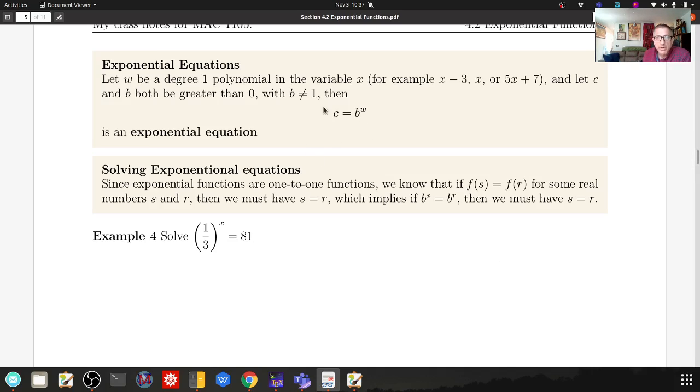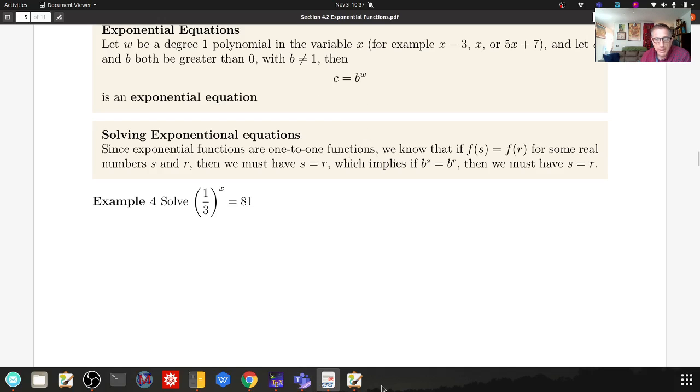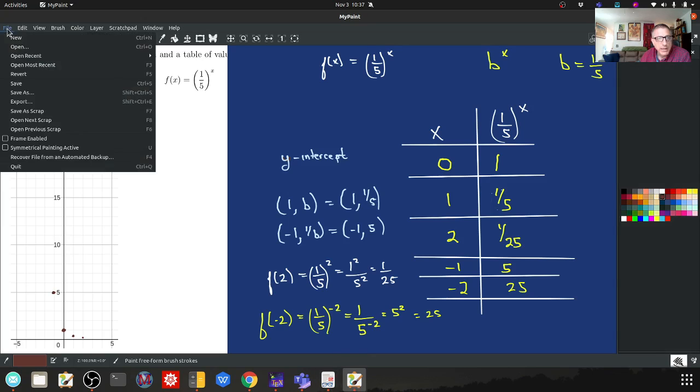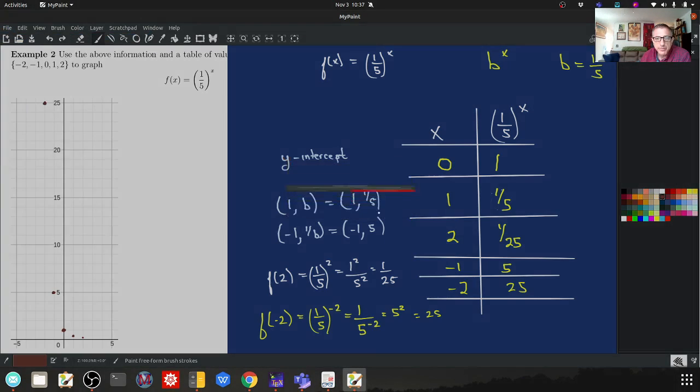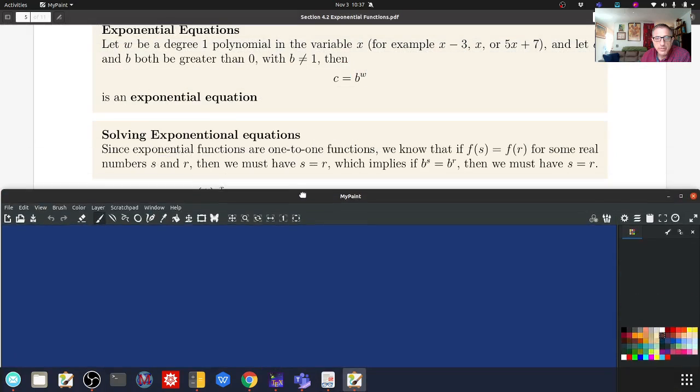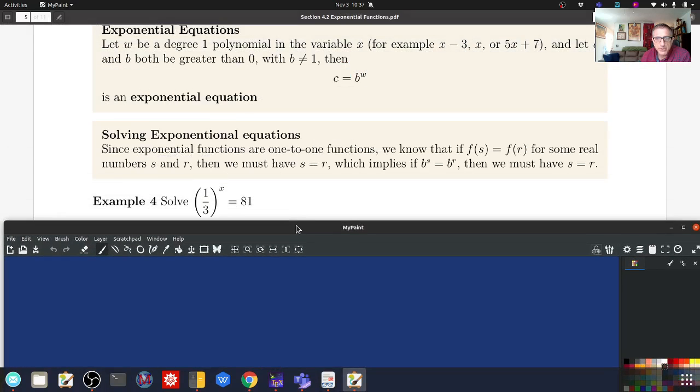So remember, we're restricting right now for you guys that our exponent w is just a degree 1 polynomial. And clearly, if w is just equal to x, x is the simplest degree 1 polynomial we can get. So here is an example of such an equation. So let's make sure we understand that.